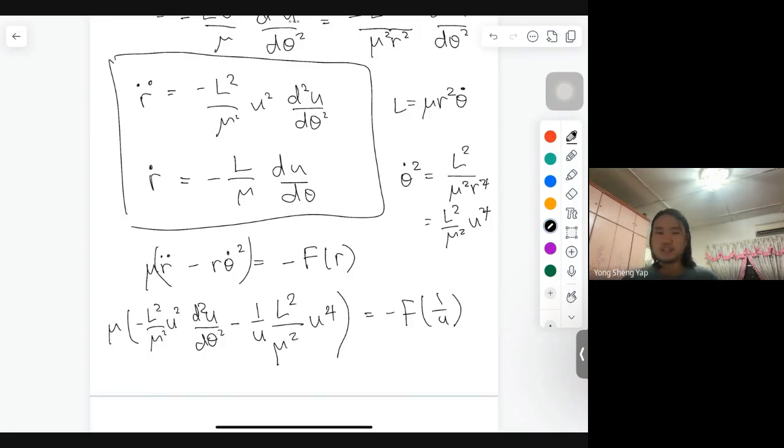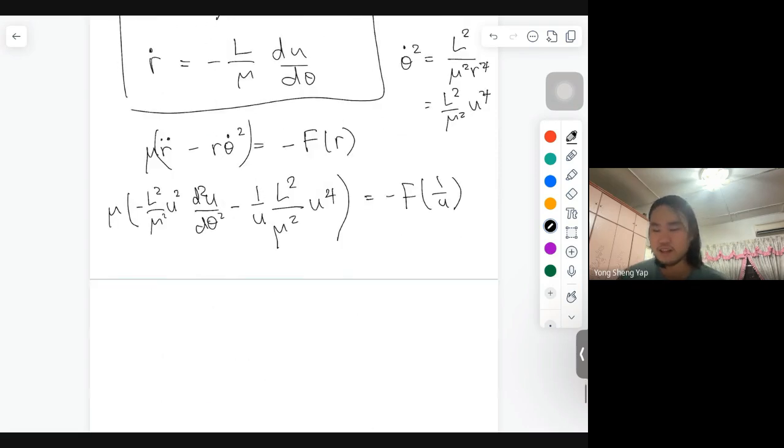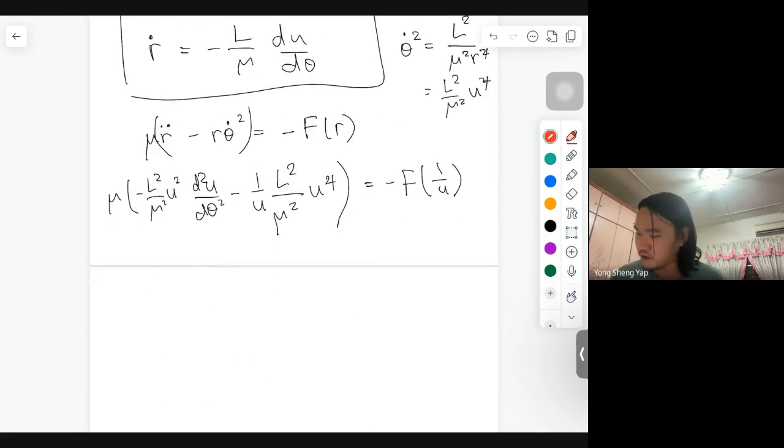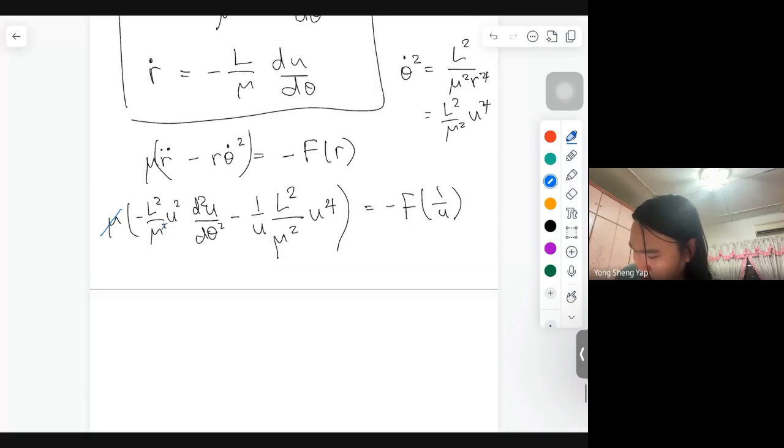And this is the equation of motion that we had. If we try to do something with this, let's cancel the mu here. It's all over the place.